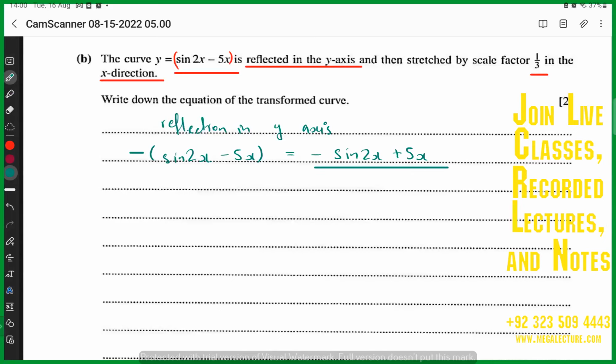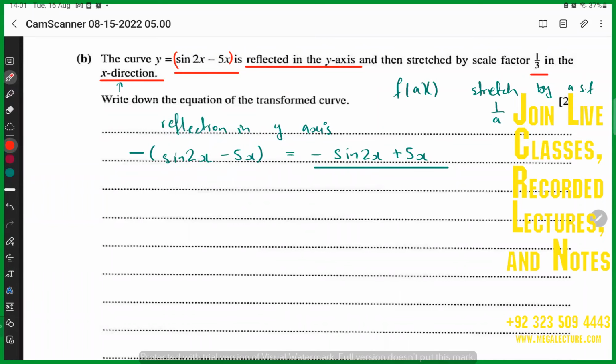The next part says then stretched by the scale factor of 1/3 in the x direction. So if you guys remember, whenever we had f of ax, what used to happen? This used to be a stretch by a stretch factor of 1/a, right? Do you guys remember?